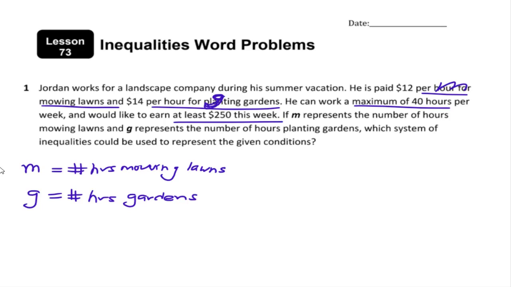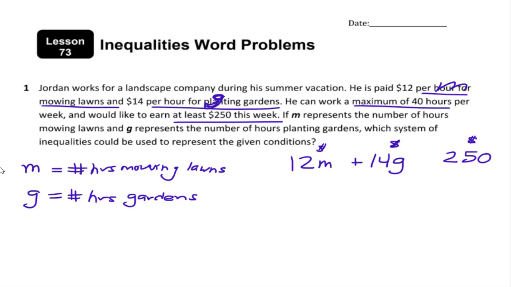All right, so let's start with that first sentence. He is paid $12 per hour, that's the M, and $14 per hour, which is the G. And since we're talking about money, $14 per hour, $12 per hour, that's going to go with my $250. That all deals with money.